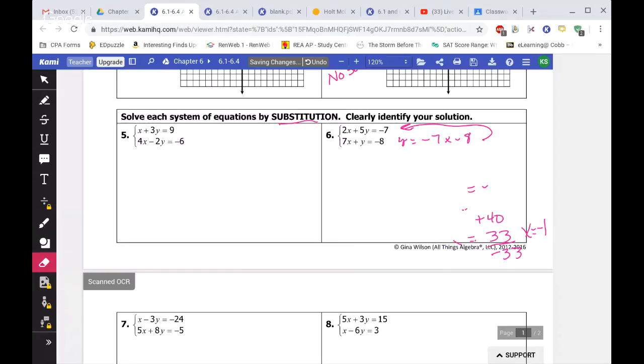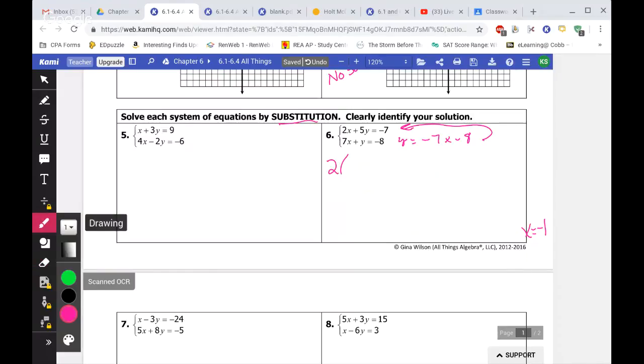But the first step in substitution, it does matter. So I'll take that negative 1 and substitute it back in: 2 times negative 1 plus 5y equals negative 7.